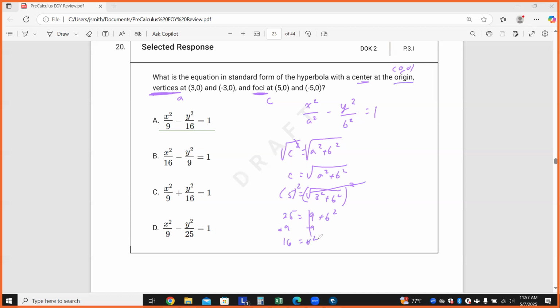Now, I could then go through and figure out what the square root of 16 is, but what I'm looking for is b squared, so I'd just have to square it right back again. So instead of doing that, I can now see that my b squared is 16 and 3 squared was 9. So that's how I get to this point here.